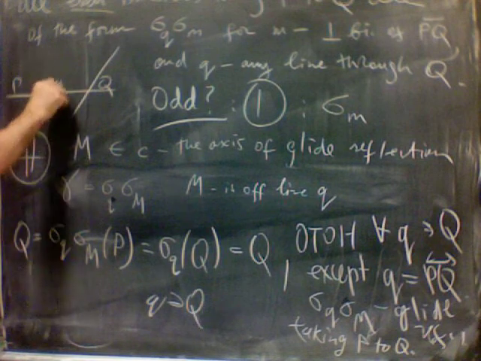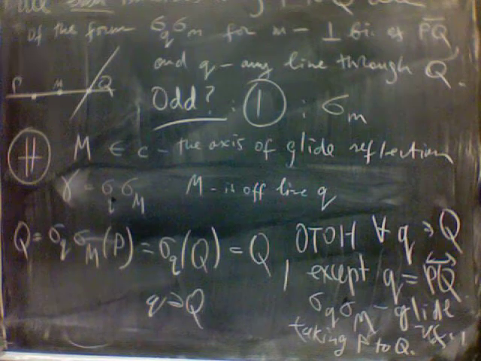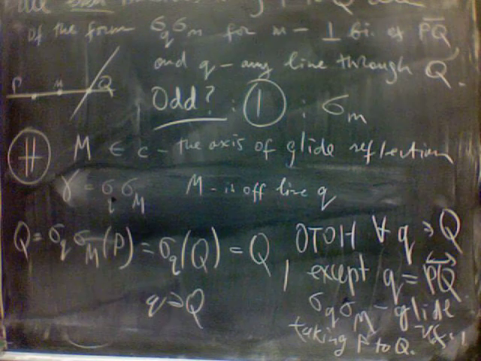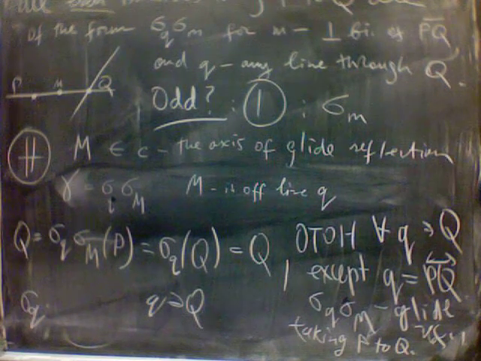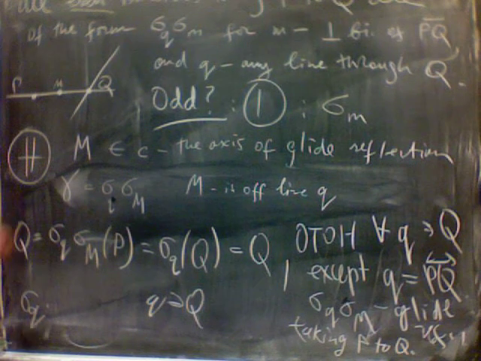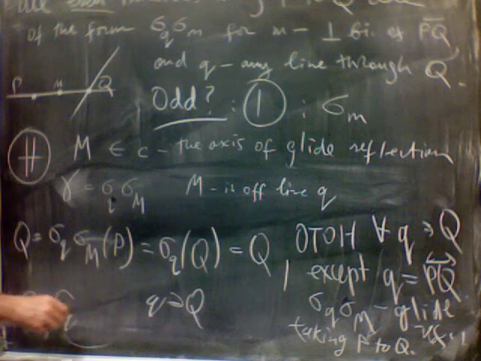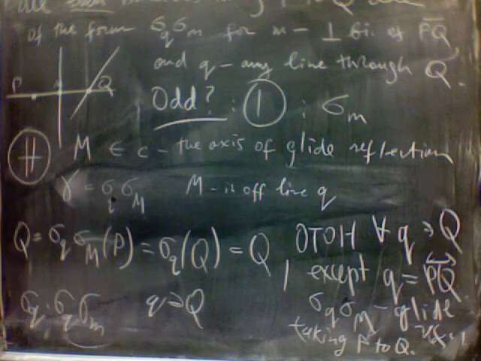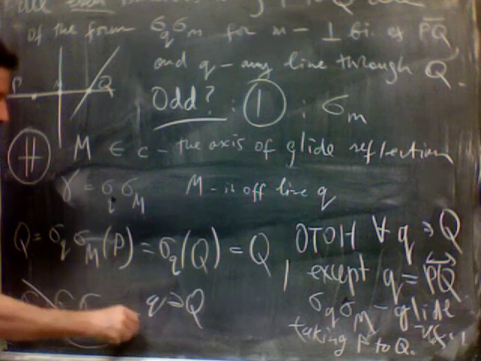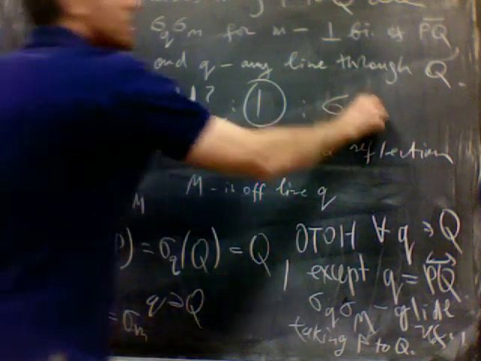So the only exception is when we have line q passing through M. So what will be the result in that case? In that case, we'll have sigma_q times sigma_m, which can be written as a reflection in the perpendicular bisector, and we have this case covered.